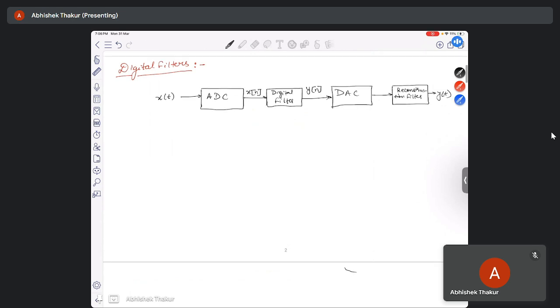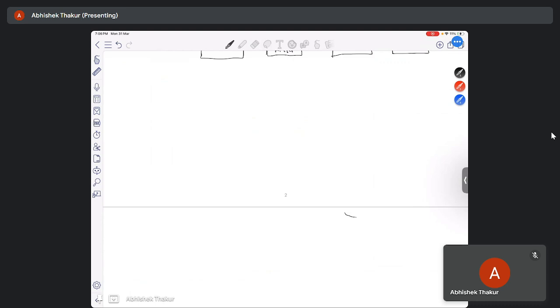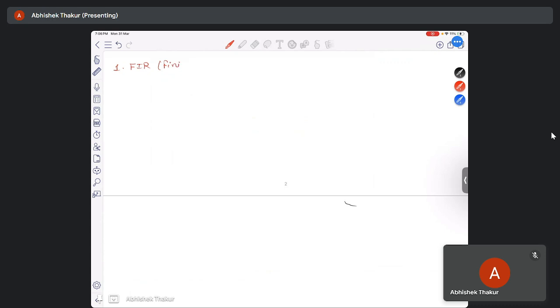So there are two kinds of systems. The first one is the FIR, the finite impulse response digital filter.